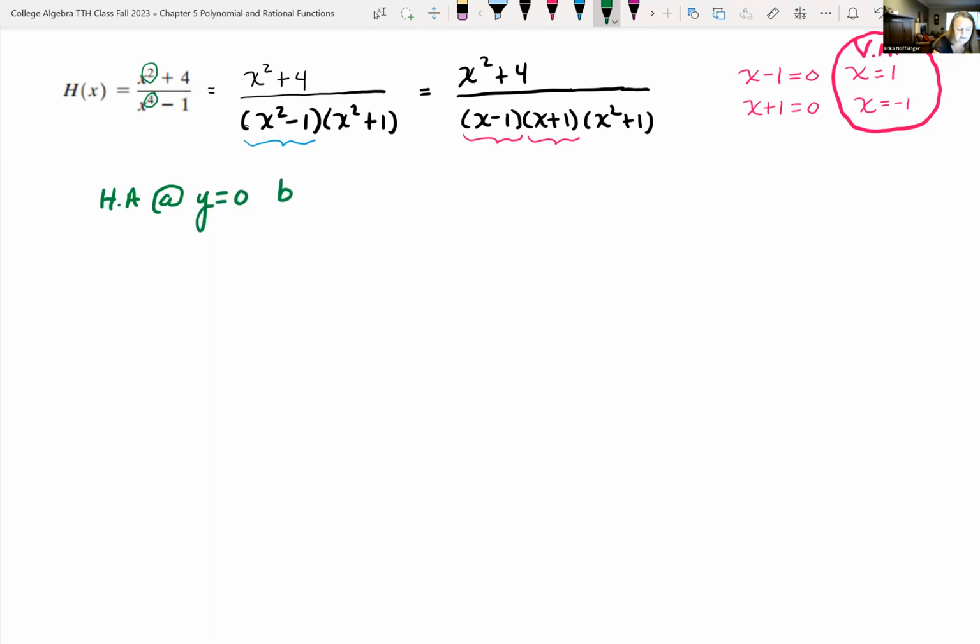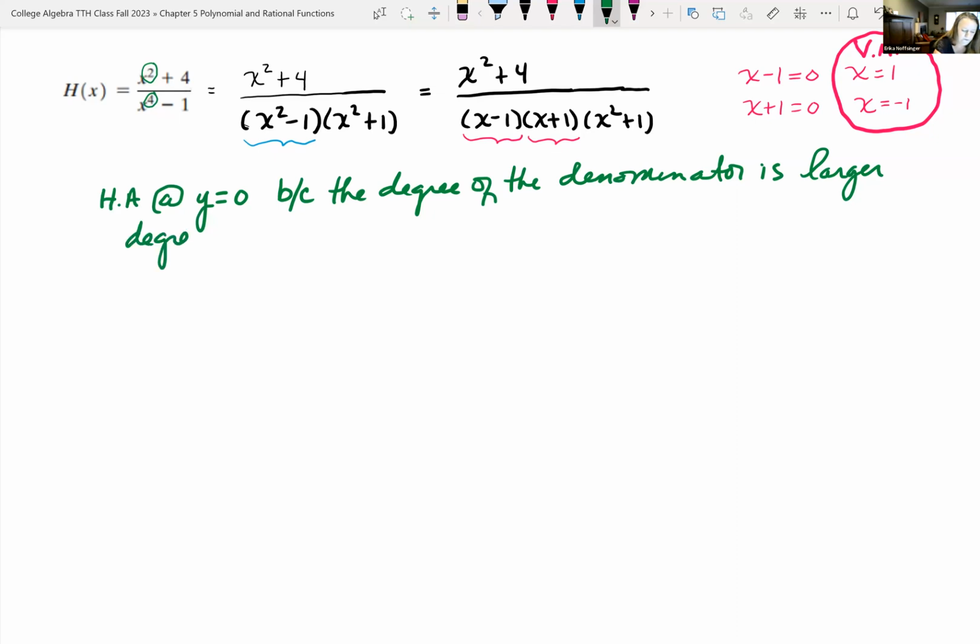And again, this is because the degree of the denominator is larger than the degree of the numerator. Okay, so we found our vertical asymptotes and we found our horizontal asymptote. If it has a horizontal asymptote, it doesn't have an oblique asymptote.